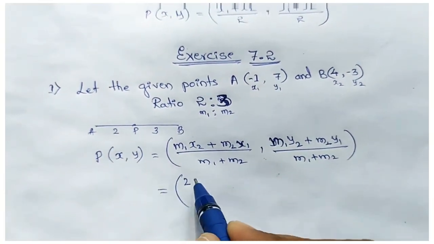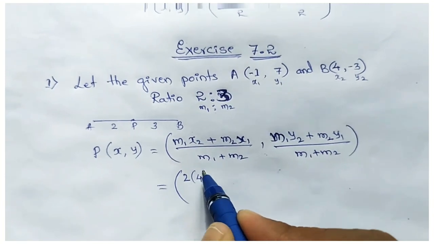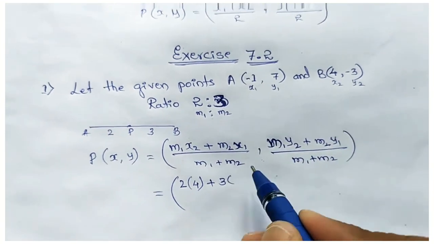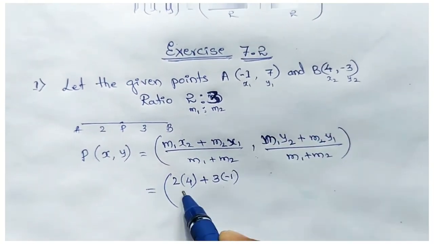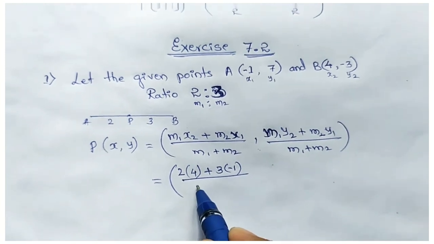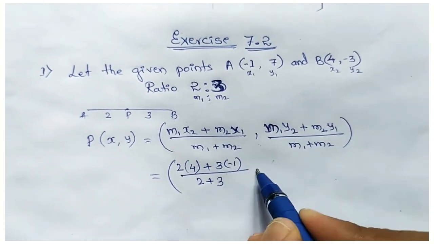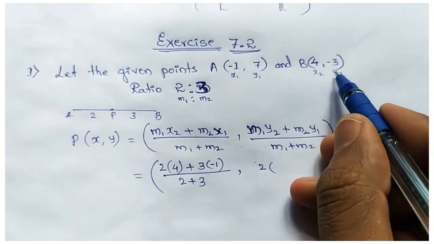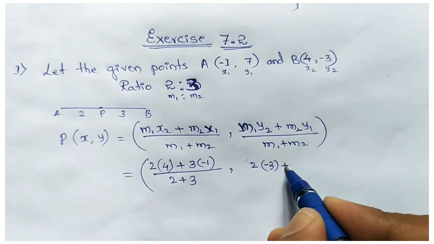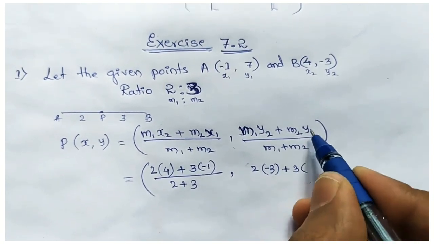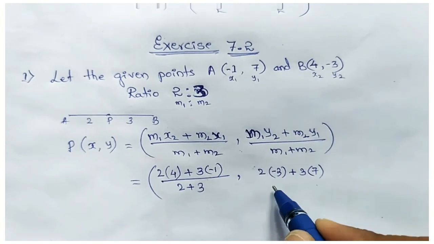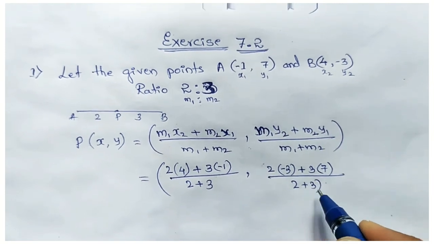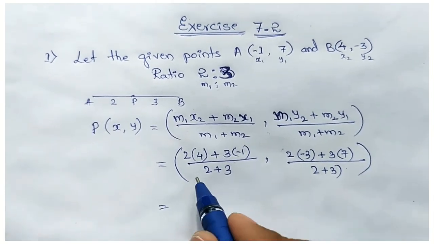Okay, m1 is 2, what is x2? 4, plus m2 is how much? 3, x1 is -1, divided by m1 plus m2, that is 2 plus 3. Next, m1 is 2, y2 is -3, plus m2 is 3, y1 is 7, divided by m1 plus m2, that is 2 plus 3.